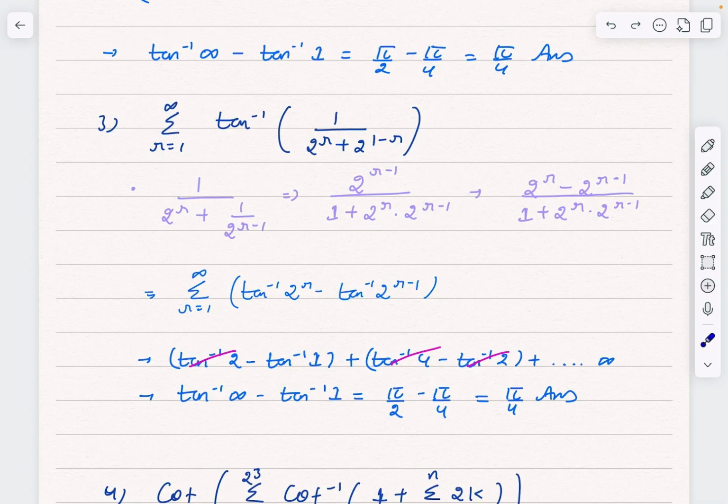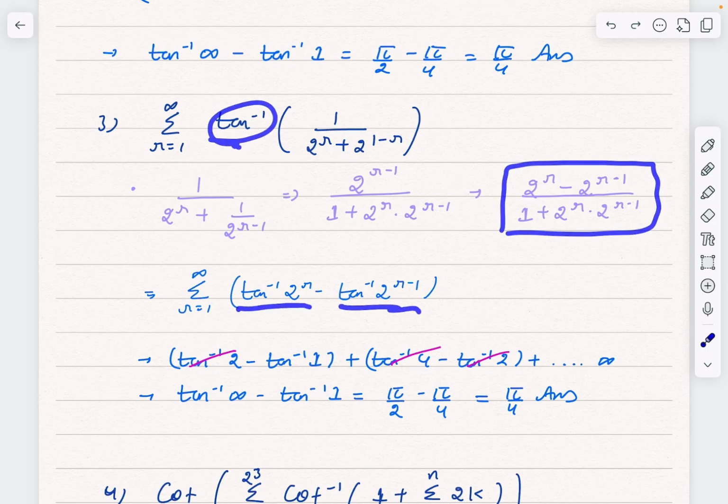Now this is 1 plus xy form, and in the numerator you will see if you write 2 power r minus 2 power r minus 1, it's equal to this thing only. 2 power r minus 2 power r minus 1 will be 2 power r minus 1 only. So now you get x minus y by 1 plus xy. Inside tan inverse will become tan inverse x minus tan inverse y.